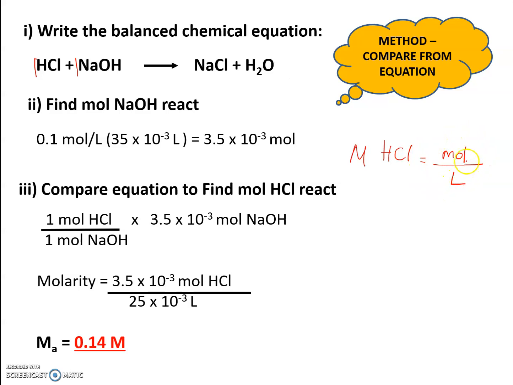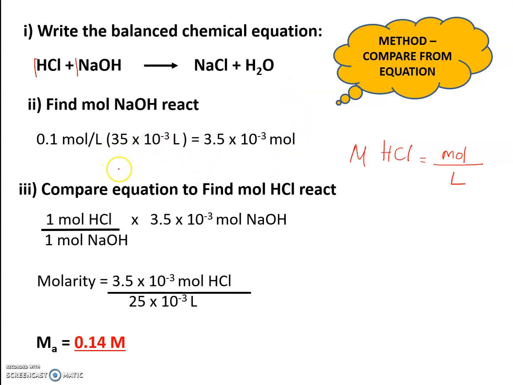Okay, so the unit of molarity is mole per liter. This is what we want to find, right? After we write the balanced chemical equation, we know the ratio between the number of moles of HCl and sodium hydroxide.